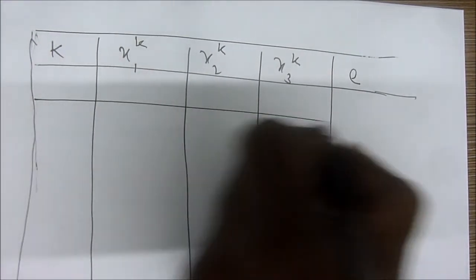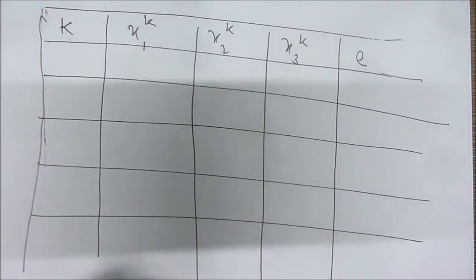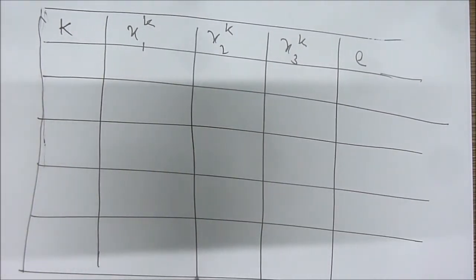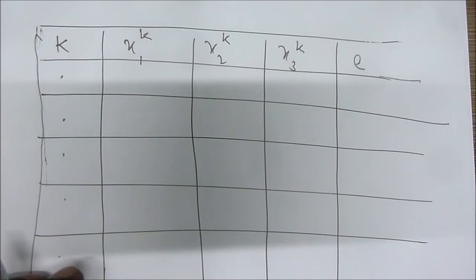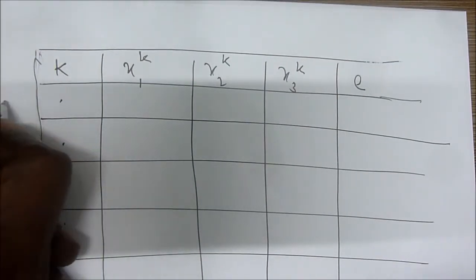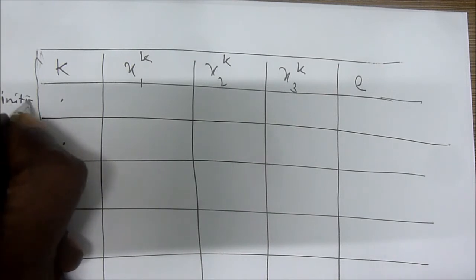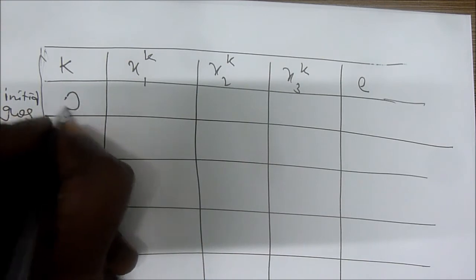Now you see the initial guess. I just created the table very fast. One, two, three, four, five, six. My initial guess will go here as a 0.